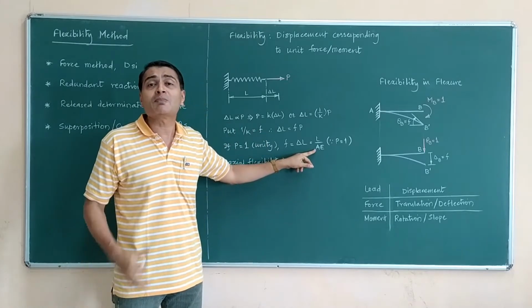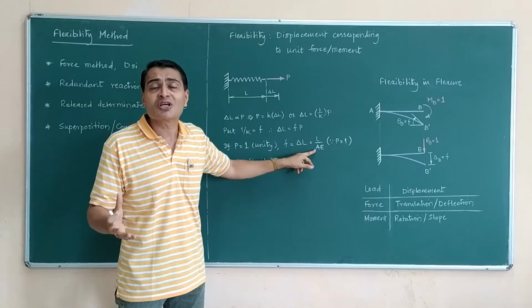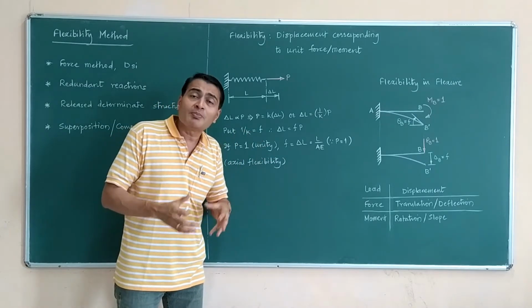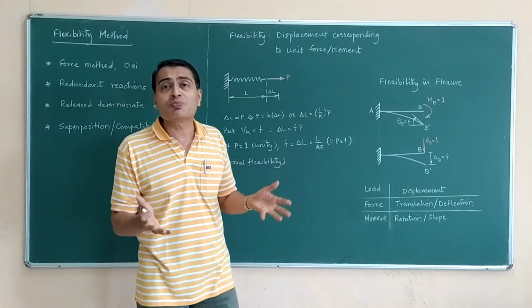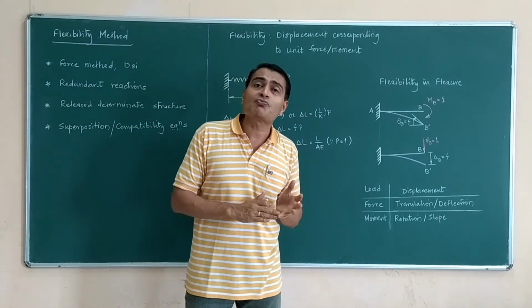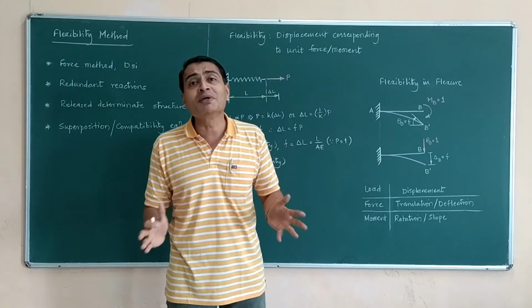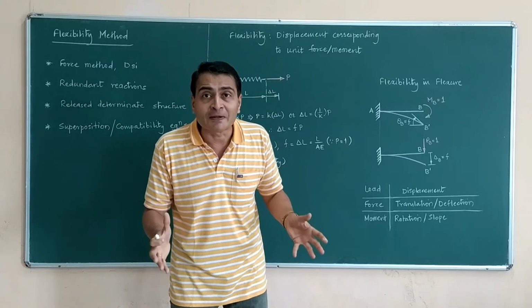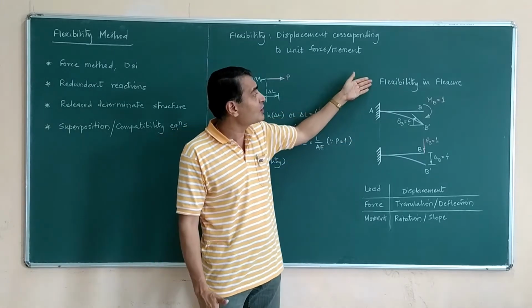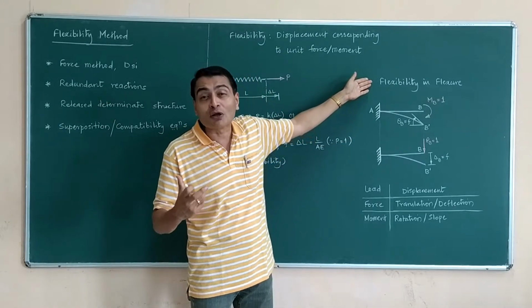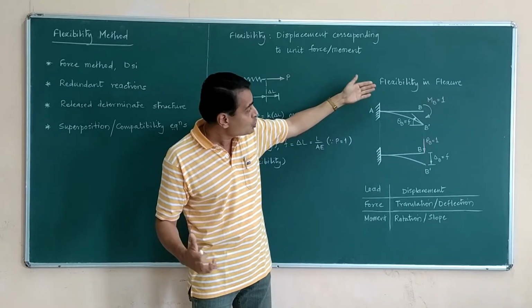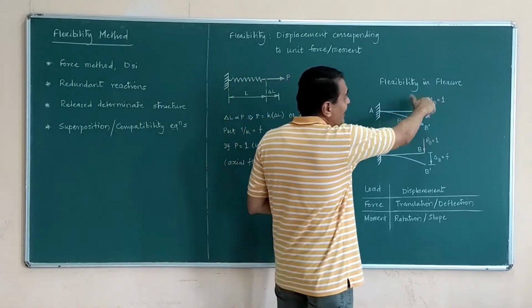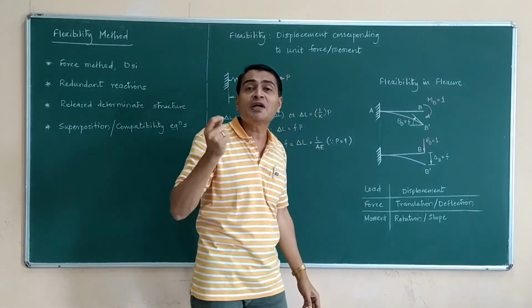Directly this will be applicable as it is in case of trusses where we have all the members as two force members. Now coming to our problems of continuous beams and frames where axial force or shear force are not predominant, but predominant action is flexural action, that is bending. So that is what I have written here, flexibility in flexure, in bending. So observe these examples. I have a simple cantilever beam and at the end I am applying a unit couple moment.